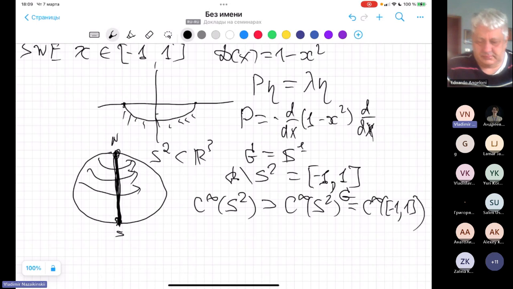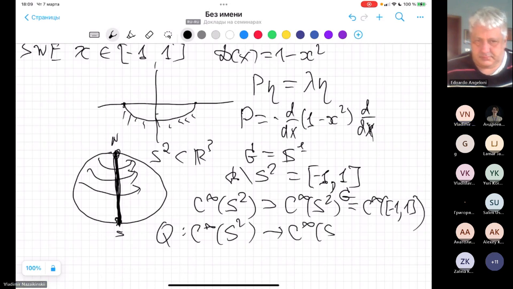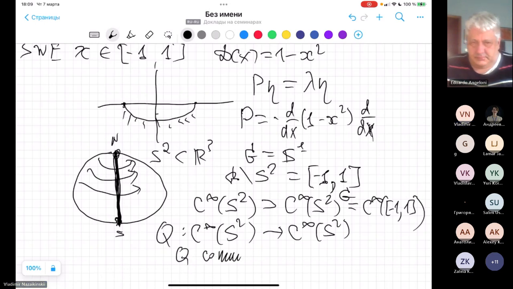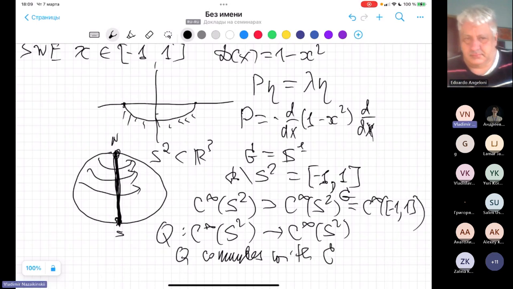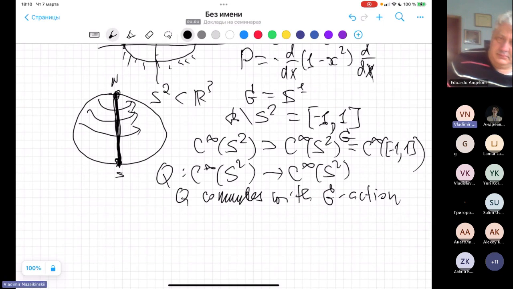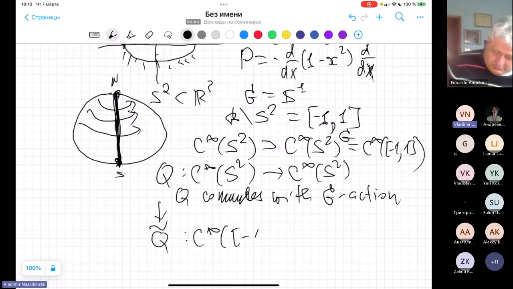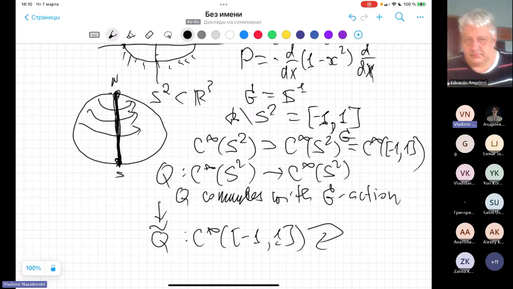If we have some differential operator Q on the sphere, and Q commutes with the natural action of the group G on functions, then this Q gives rise to an operator in the quotient spaces, say Q tilde, on C infinity of (-1, 1), or in L2 or whatsoever, in any spaces which can be obtained by considering invariant subspaces in the space of functions on S2.